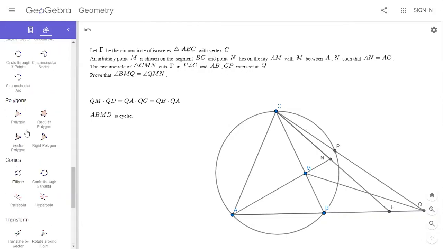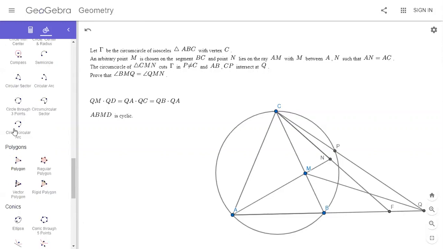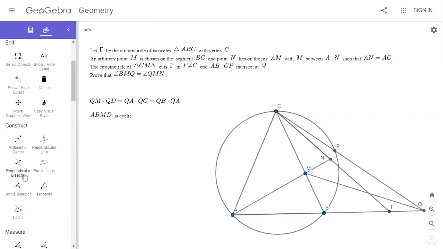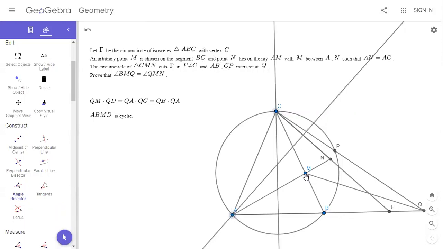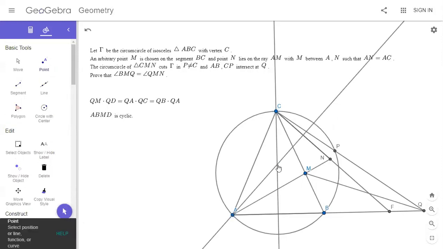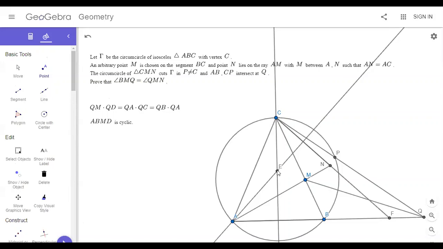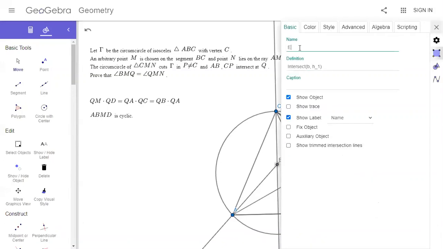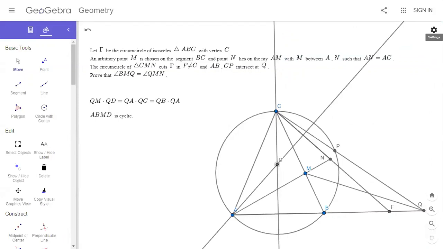There's some GeoGebra command where you can just say triangle center of ACM, but I'm just going to skip it for now and do it manually. So D prime is the in-center.